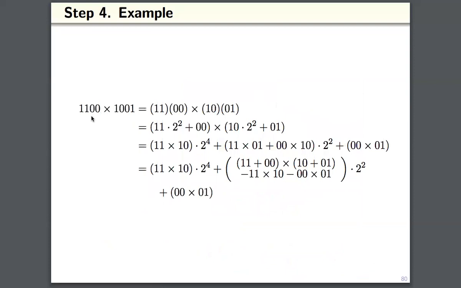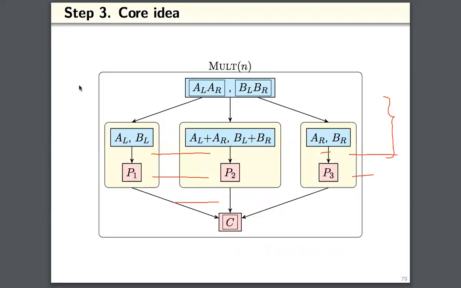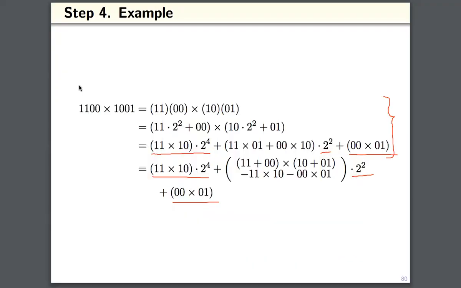So let's take an example, 1100 times 1001. So split all this as before. The first 3 steps we have already seen. No need to worry about this. Now let's look at how we reduce the number of multiplications by 1. So this remains the same. The last term remains the same. The middle term, 11 plus 00. Remember this, AL plus AR times BL plus BR.